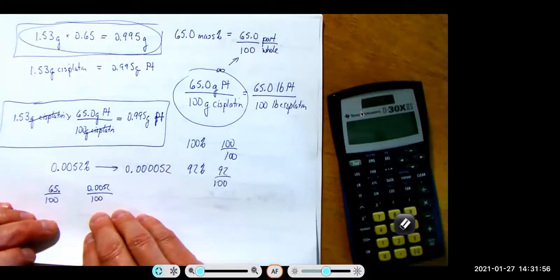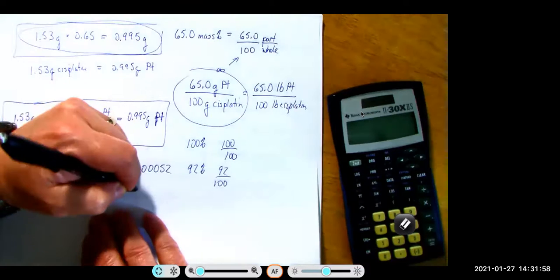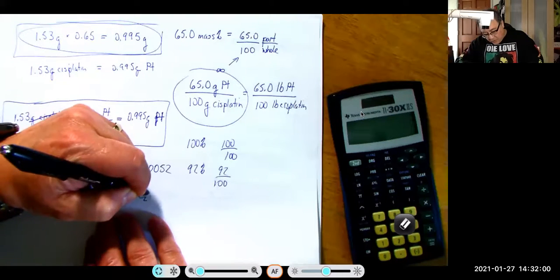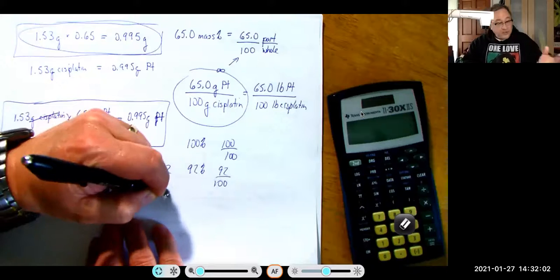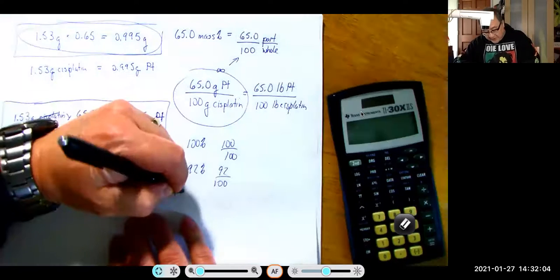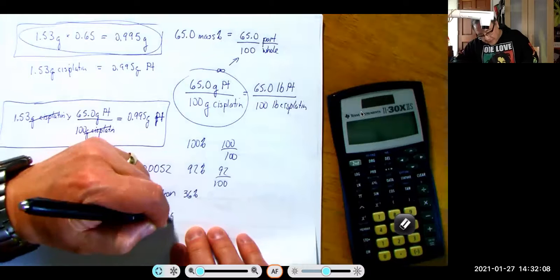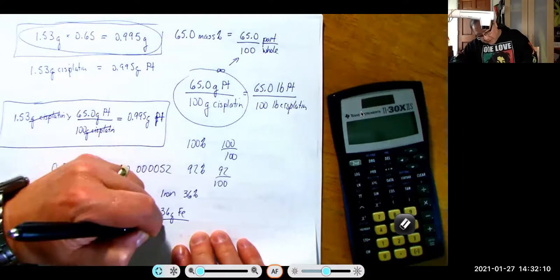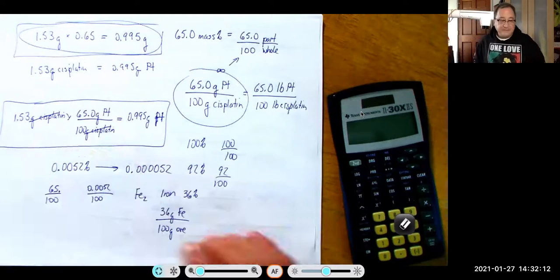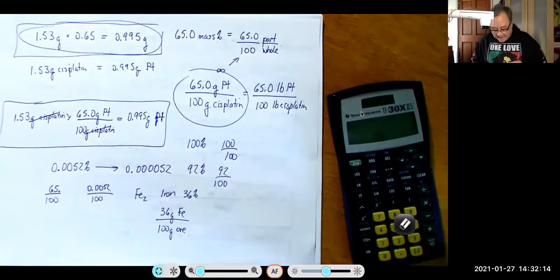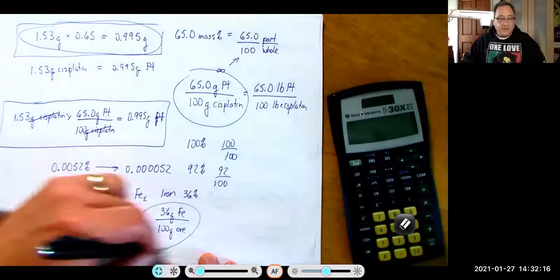So iron ore, if you've got some really good iron ore, it's 36% iron. So that would be 36 grams of iron over 100 grams of ore. And that's far better than moving the decimal over.